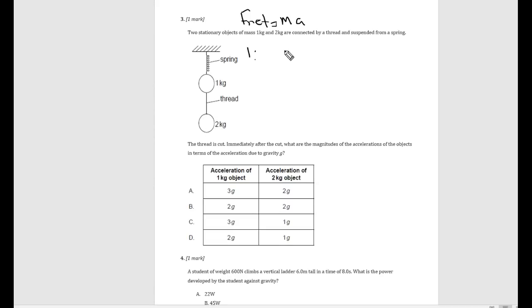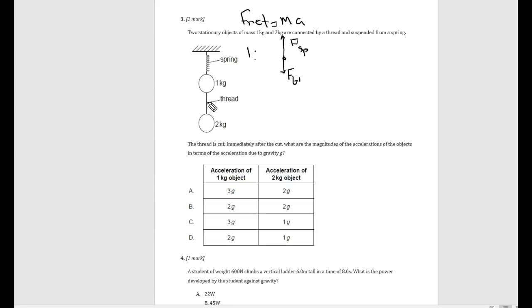So for 1, what does our free body diagram look like? Well, there's 3 forces on this object, okay? There is the force of gravity, let's say Fg1. There is the force from the spring pulling it up, let's say F spring.